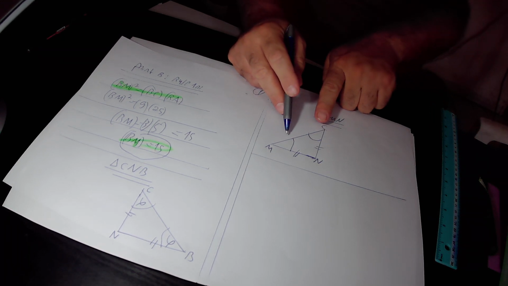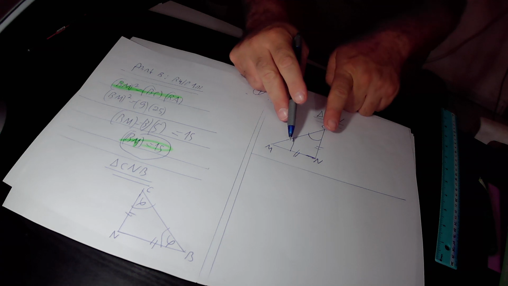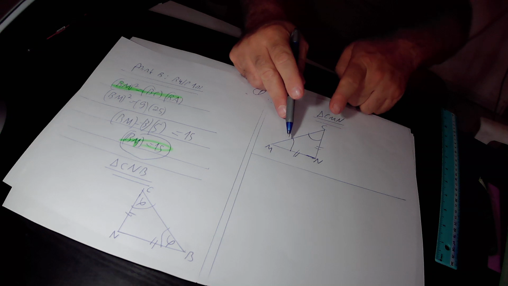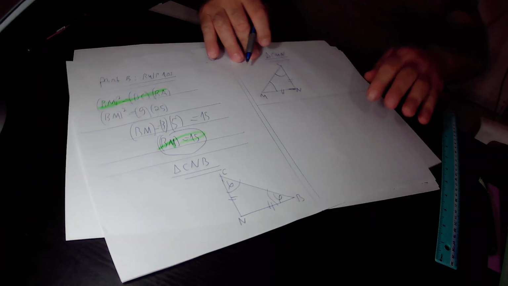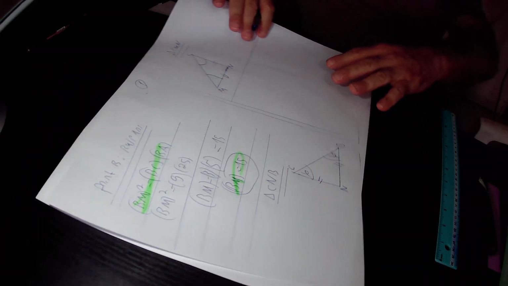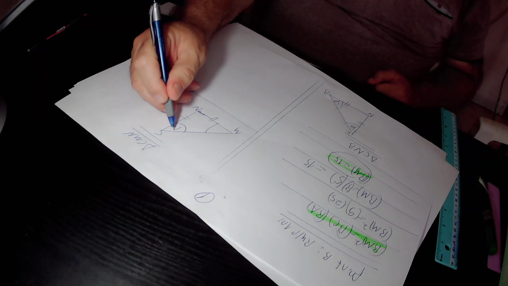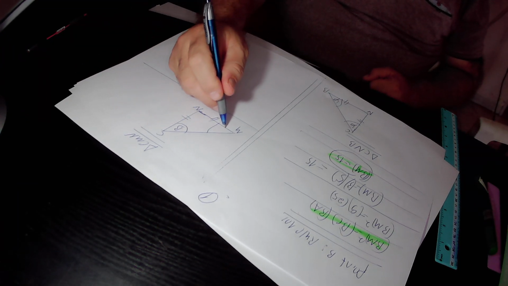Because those two angles are located in front of those two equal sides, they must be equal to each other. So if the size of this angle is beta, then the size of this angle must also be equal to beta.